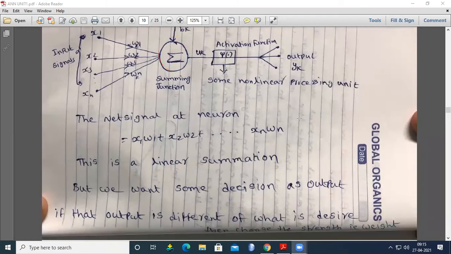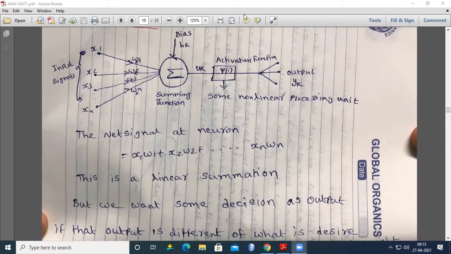If the output is different from what is desired, then change the strength, that is, the weight. By using these activation functions, you are going to conclude some non-linear result. And if that result was not the desired result, then you can change these weights.